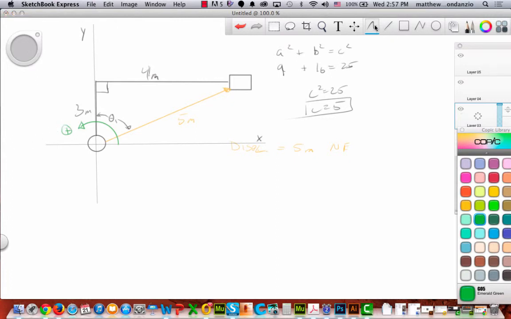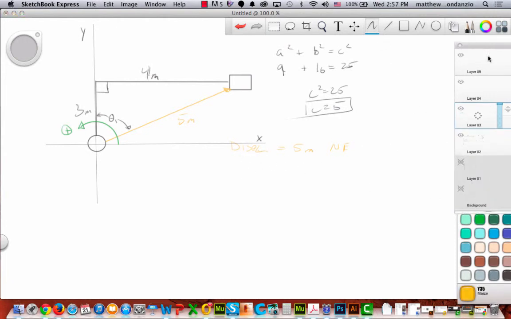So when I say in this case, my displacement would equal 5 meters at negative theta 1 degrees, excuse me, from the y-axis.